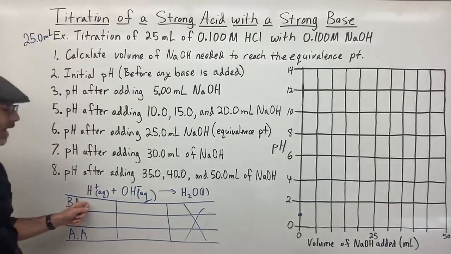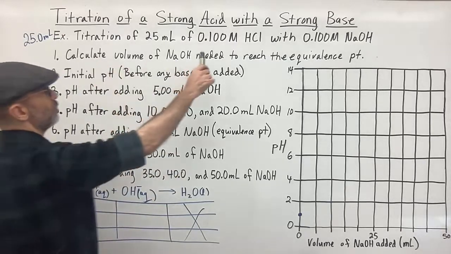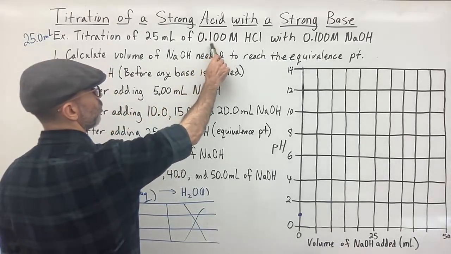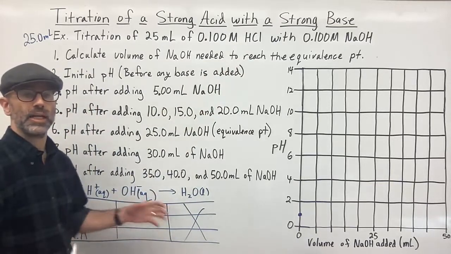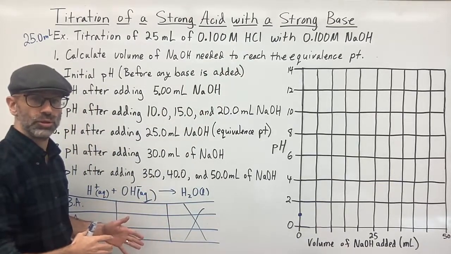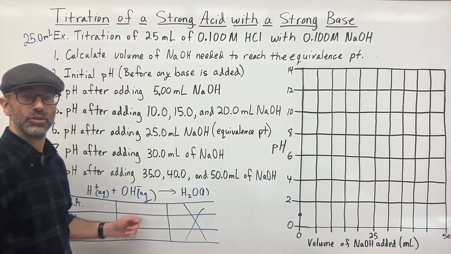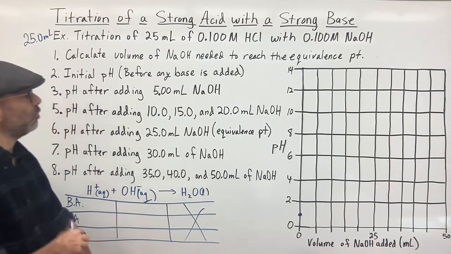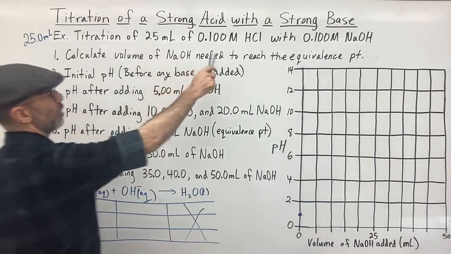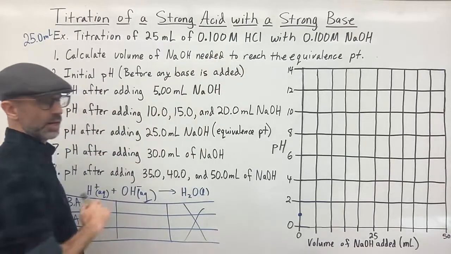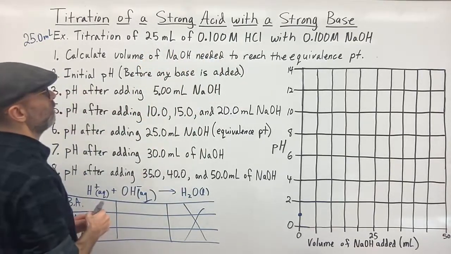So before we added anything, we have 0.100 molar HCl. So when we do this, remember you got to convert everything to moles first. So you can't put concentration here, you got to do moles. So at 25 milliliters, using your molarity, just like we did before, we can calculate the number of moles of our HCl.